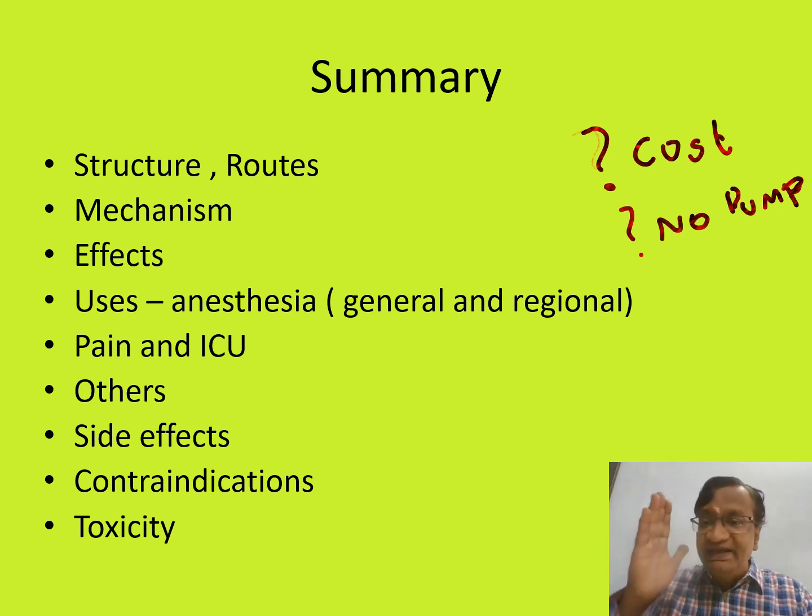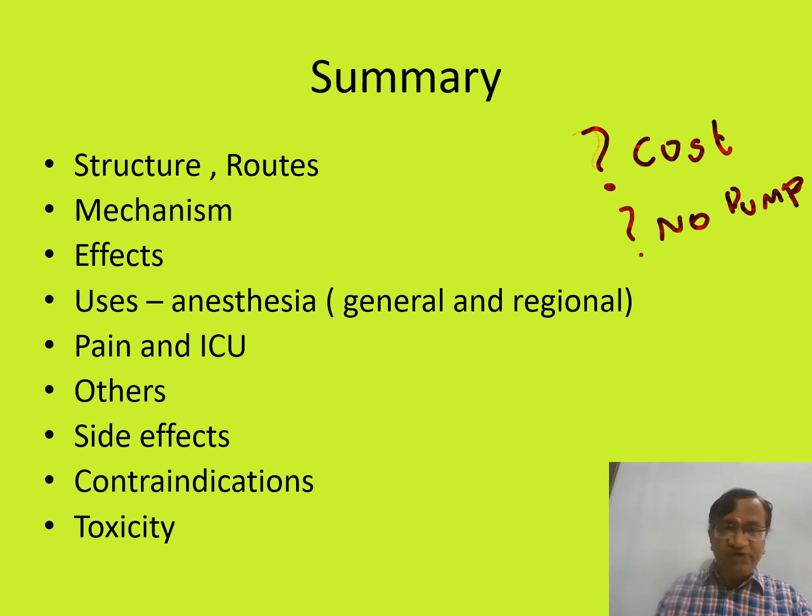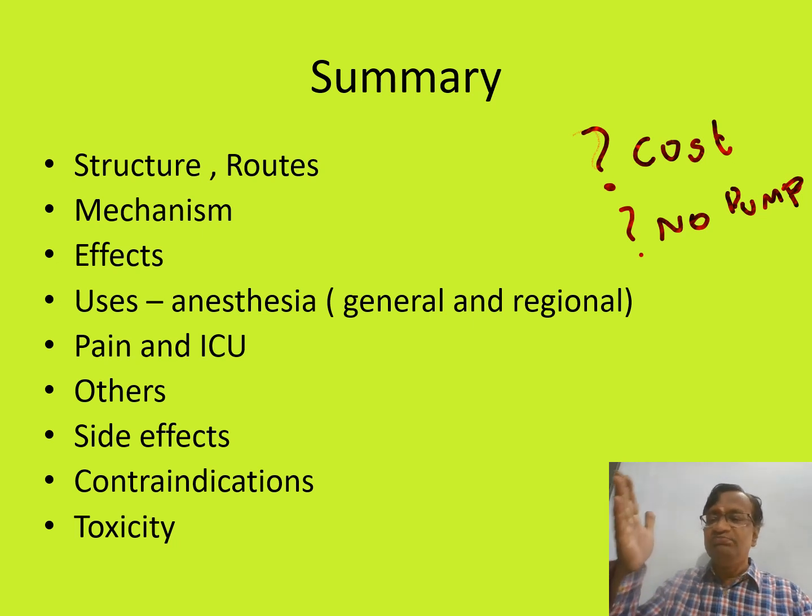This is the only catecholamine or alpha agonist which causes BP to fall. What are the effects? Analgesia, sedation, bradycardia, hypotension. Other uses: pre-medication, decreased pressor response, decreased propofol requirements, decreased inhalational agent requirements, better recovery profile, some sort of postoperative pain relief. All these things are there.